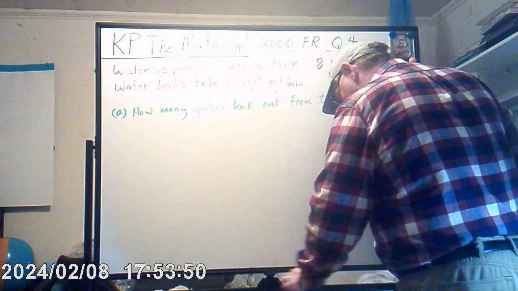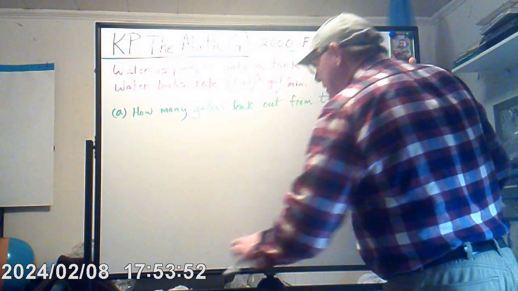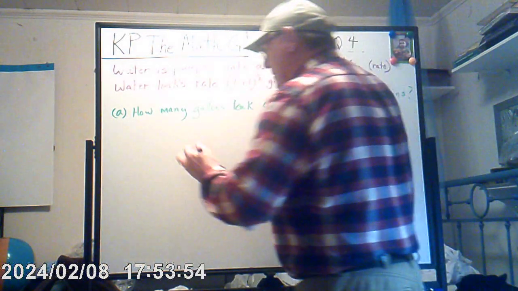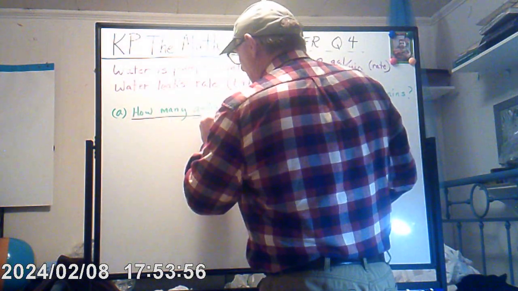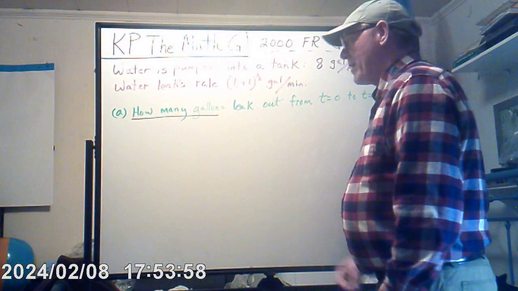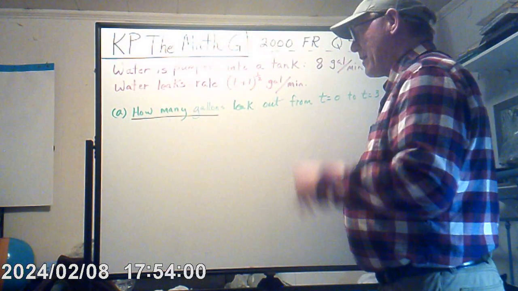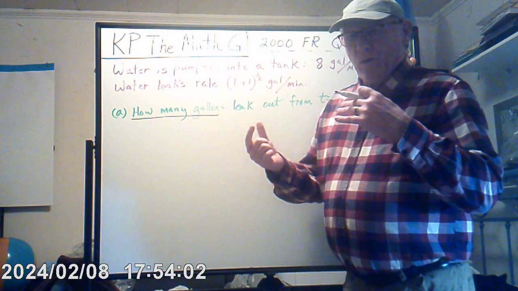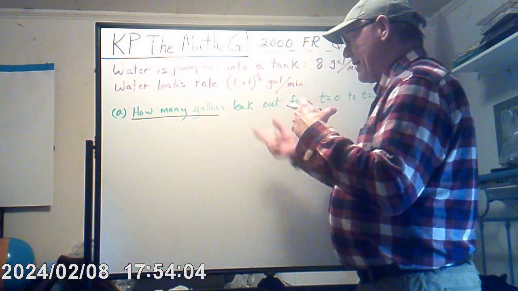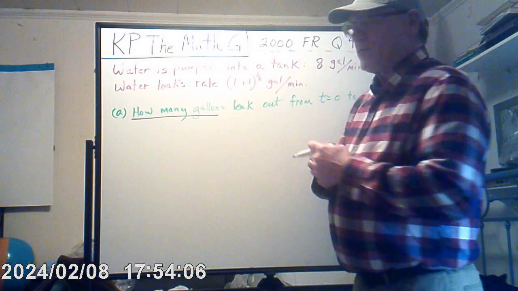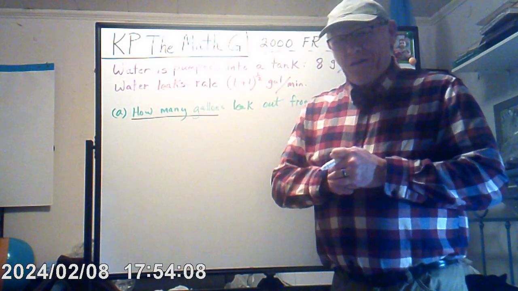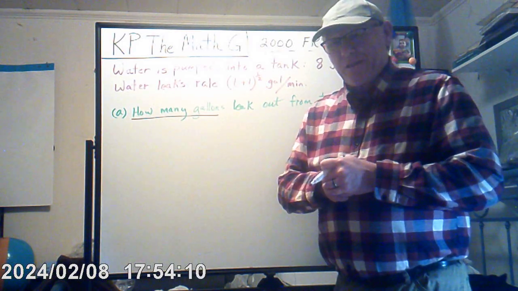What you want to pay attention to is that this is a quantity, how many gallons. When I see that this is a rate, and I want the number of gallons, remember, we take an antiderivative.